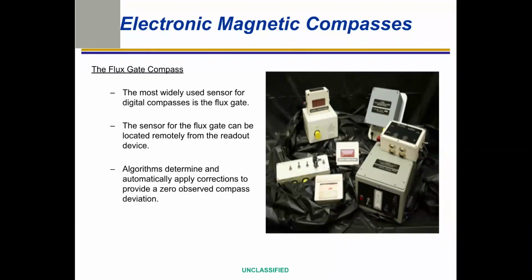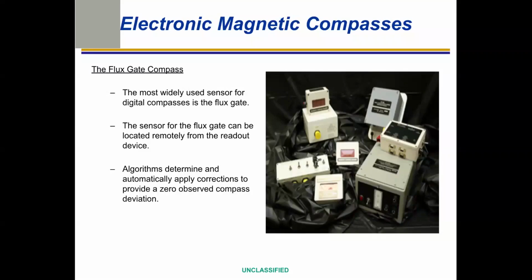Number one is those compass cards that we talked about a few slides ago are going to be automatically updated by the algorithms and then stored in the DFGMC. So although we are still required to keep our magnetic compass cards on board, they will be updated in a much faster and streamlined process. Furthermore, we can have a remote readout separate from the sensor itself.